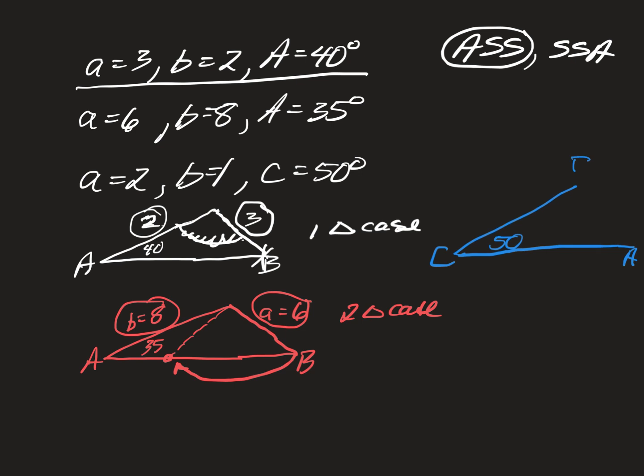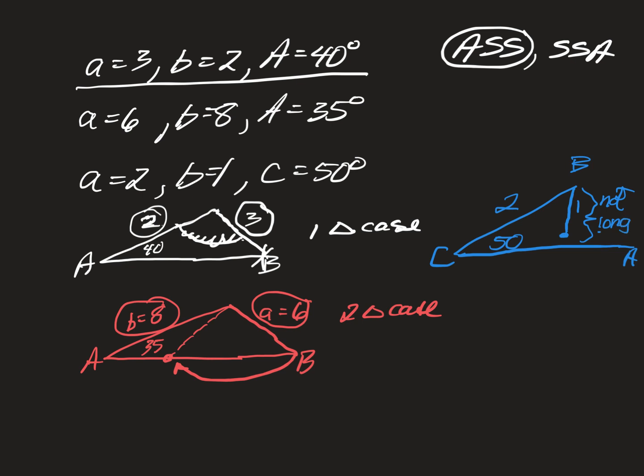And angle B will be up here. And now A is 2, and then the B is only 1. Okay? And it turns out the angle is big enough that the B can't reach. It's not long enough. Okay?